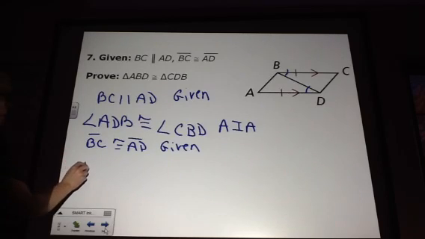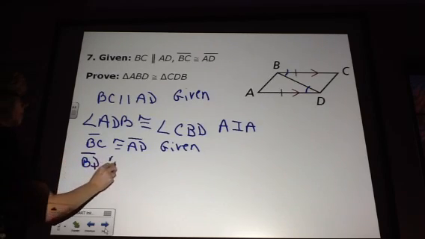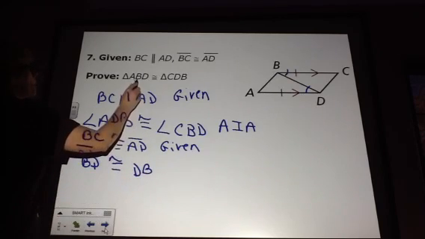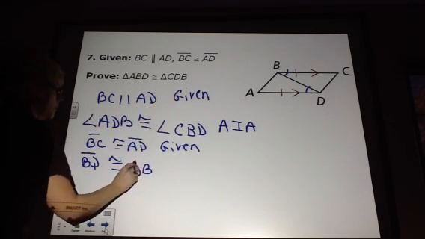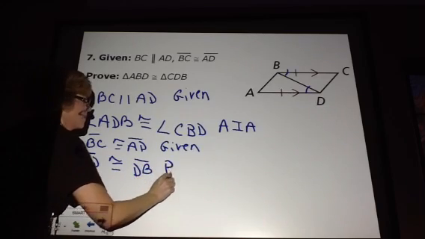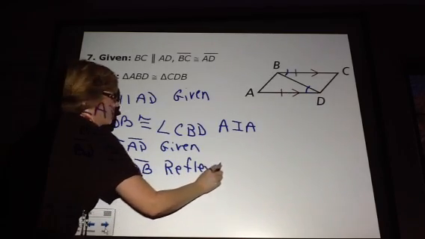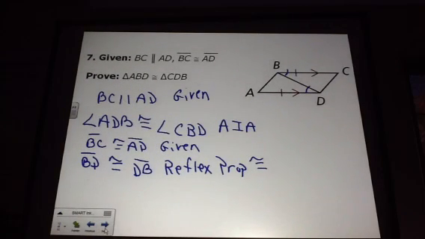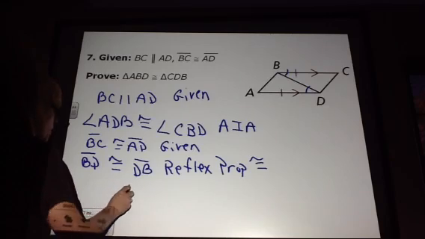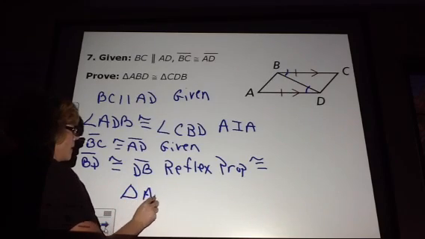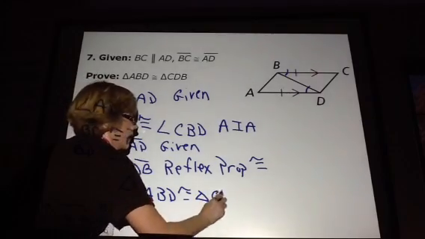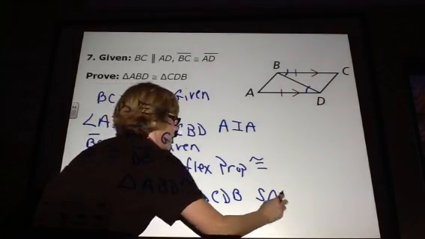We know that segment BD is congruent to segment DB. Why? Reflexive property. So we can write our triangle congruency statement because of side, angle, side.